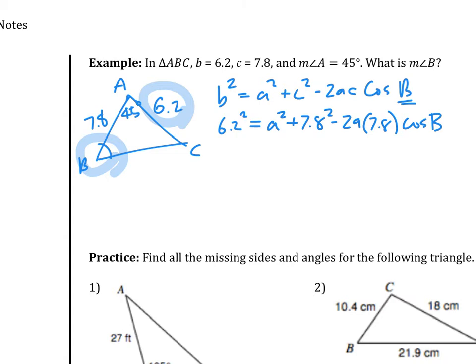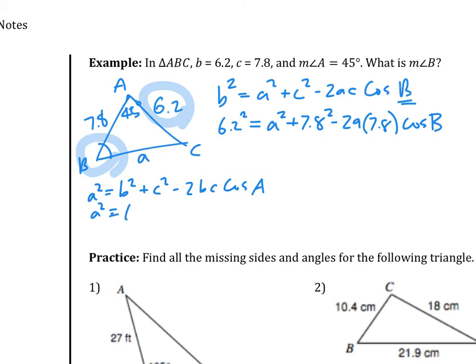However, we can attempt to solve for a. Okay, a is this side. So let's try the formula for a. So a squared is equal to b squared plus c squared minus 2bc cosine A. Okay, so a is what we're looking for.